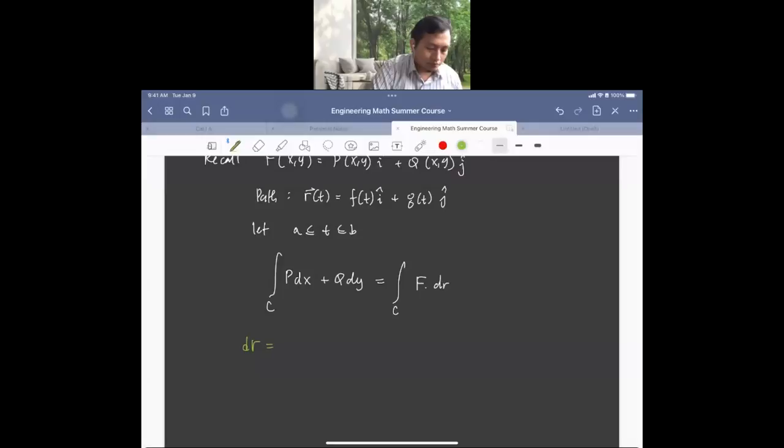So we could take R and differentiate it, and we could take this as dx and dy.